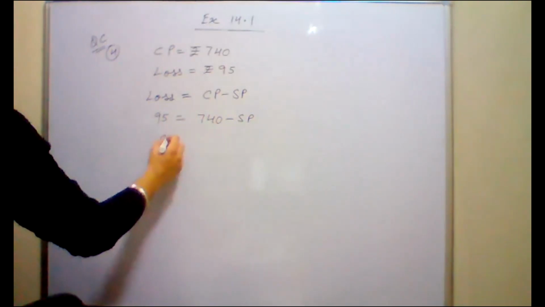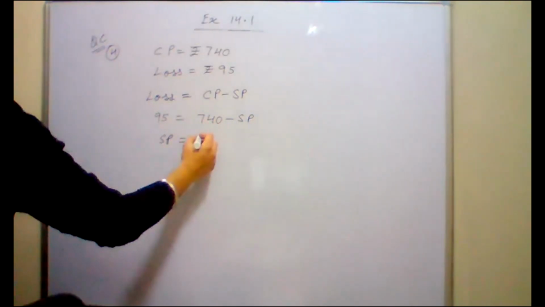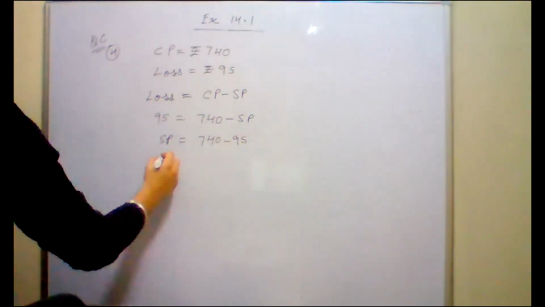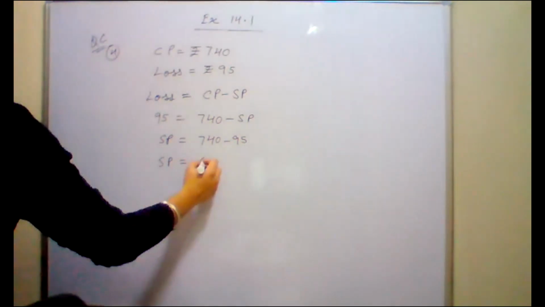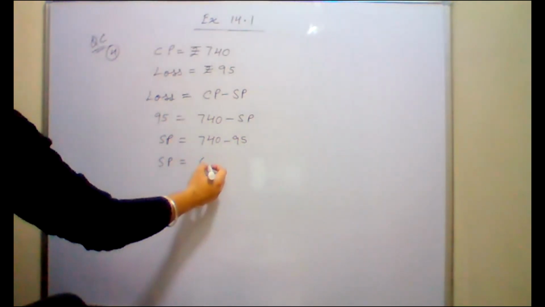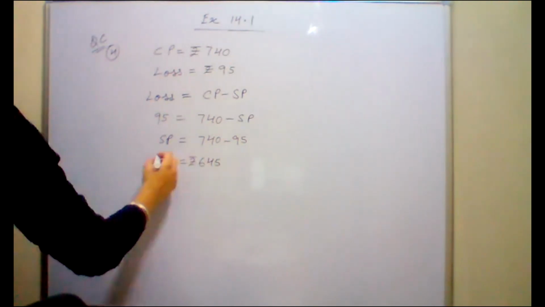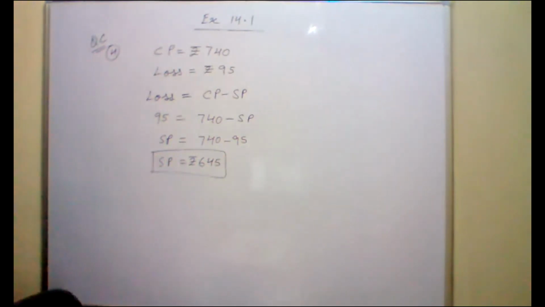You take it to LHS, it becomes positive, and 95 is positive; when you take it to RHS, it becomes negative. 740 minus 95. So SP is equal to 645 rupees. 645 is the answer. Got it?